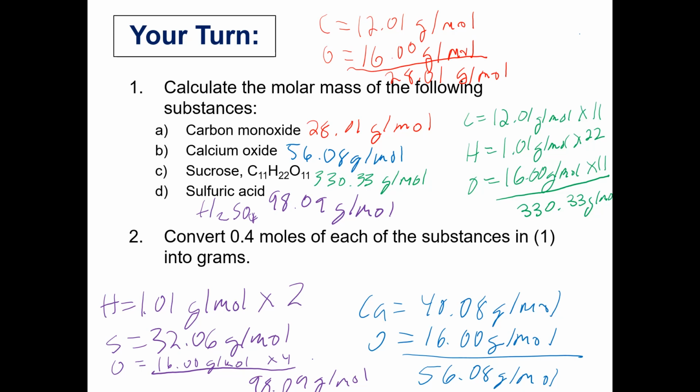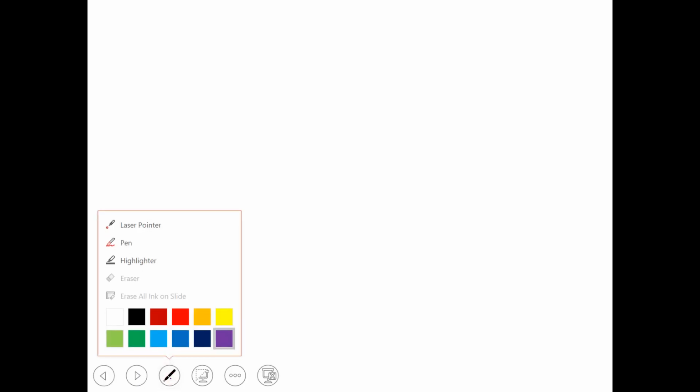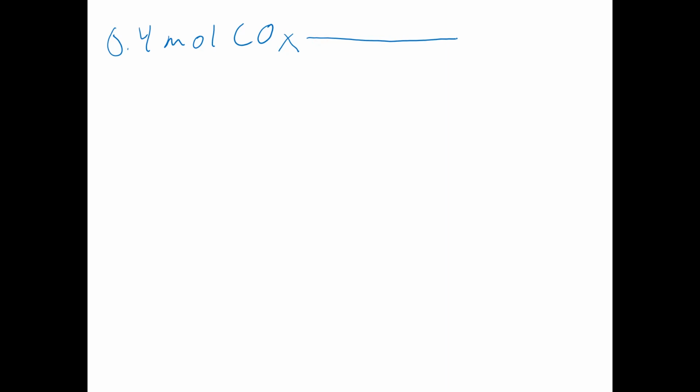So let's try converting these from 0.4 moles of each of these substances into grams. So if we start with carbon monoxide, if we have 0.4 moles of carbon monoxide, we said that carbon monoxide had a molar mass of 28.01 grams per mole.